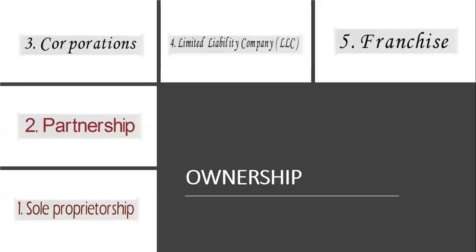Corporations. People working together as an institution, not as natural or regular people. Number 4, limited liability company or LLC. You see LLC a lot in companies if you pay attention in movies or documentaries or news. You will find LLC a lot. And franchise.